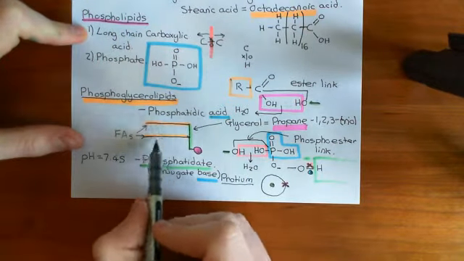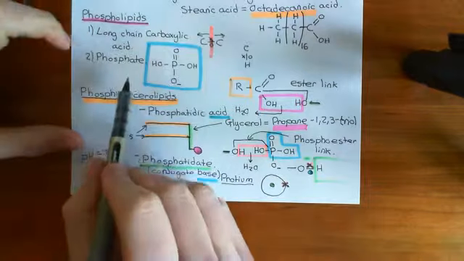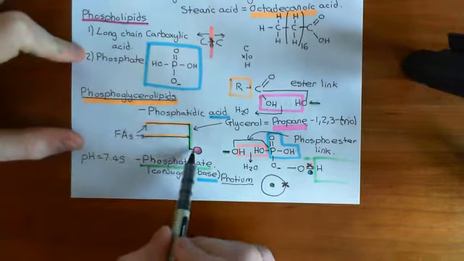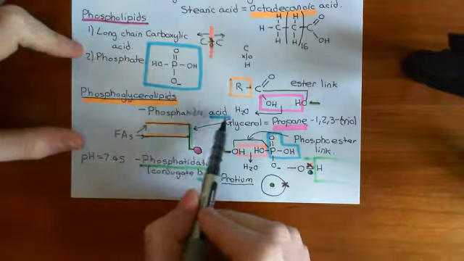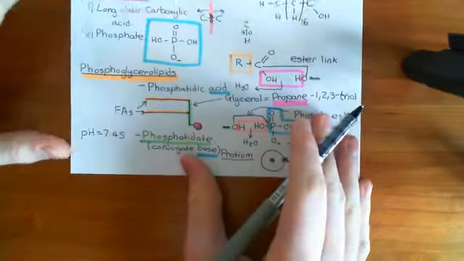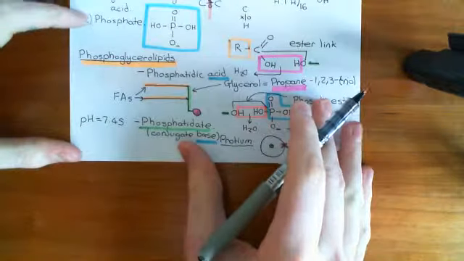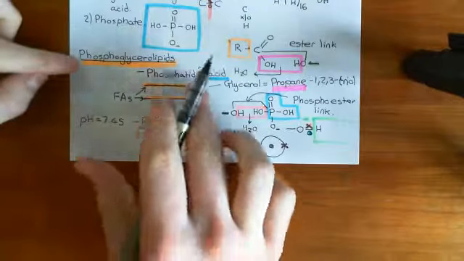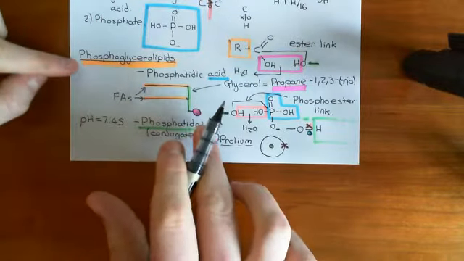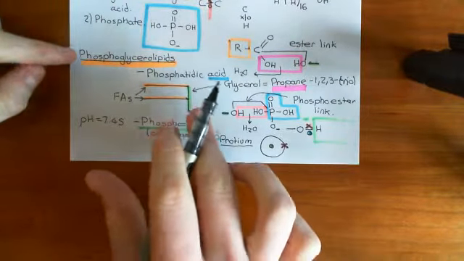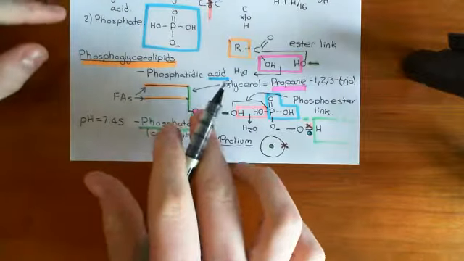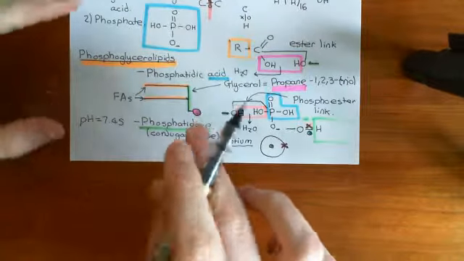We've done that twice, in fact, so that's fine. And they had to have a phosphate group, which indeed they do have. So all of these molecules are phospholipids. Now, all the other phosphoglycerolipids are going to contain phosphatidic acid within them. So they are all going to be phosphoglycerolipids and phospholipids as well.